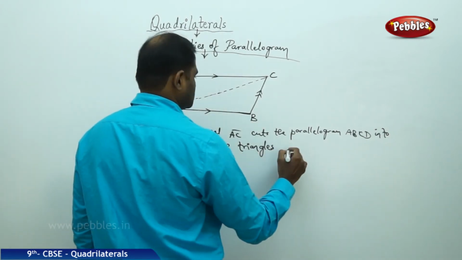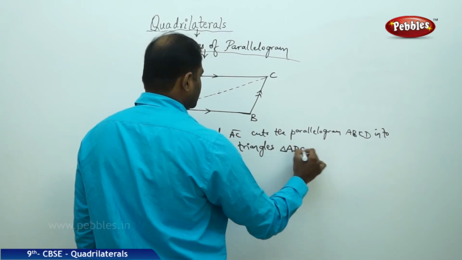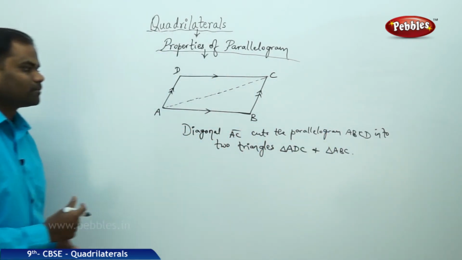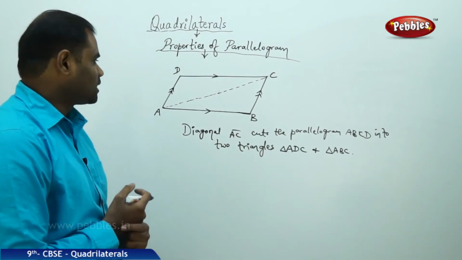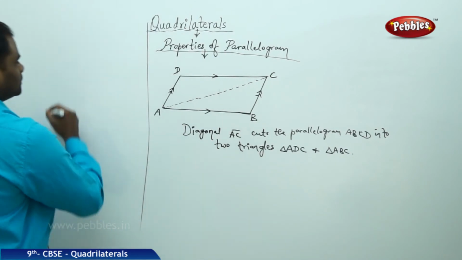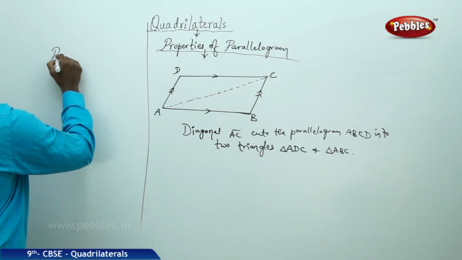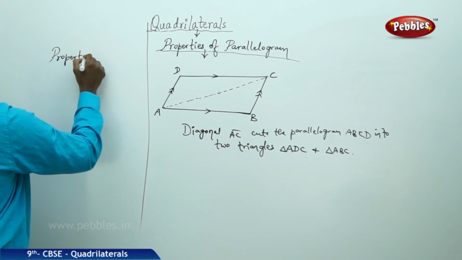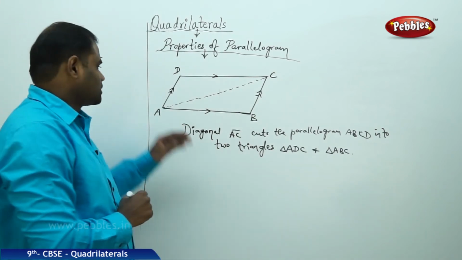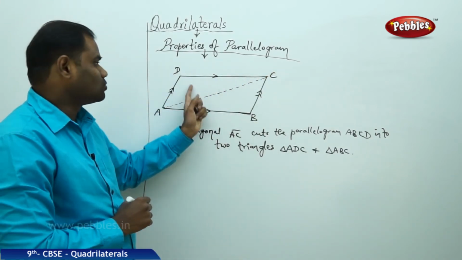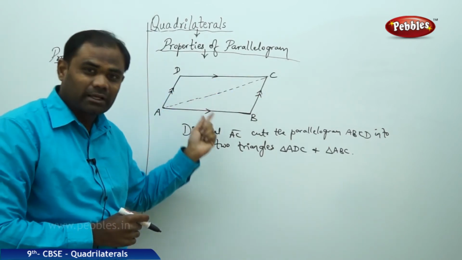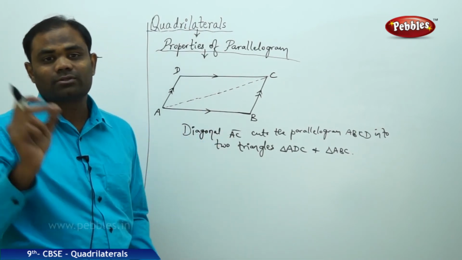The two triangles, triangle ADC and triangle ABC. So let's see the properties connecting these two triangles in a parallelogram. The property states that a diagonal cuts the parallelogram into two equal triangles, or if the diagonal cuts the parallelogram, then the two triangles formed are said to be congruent to each other.